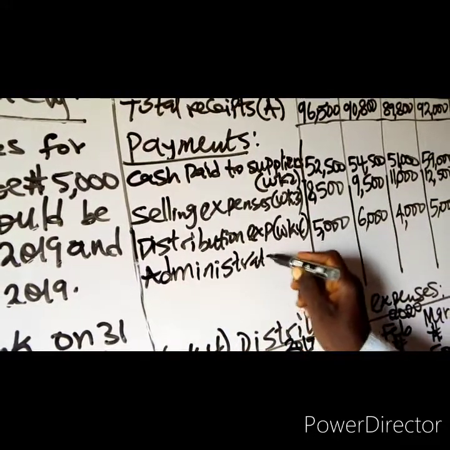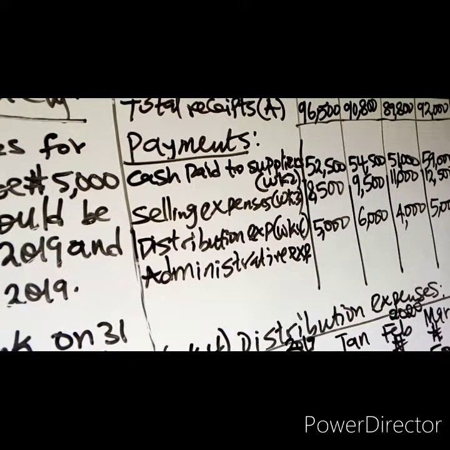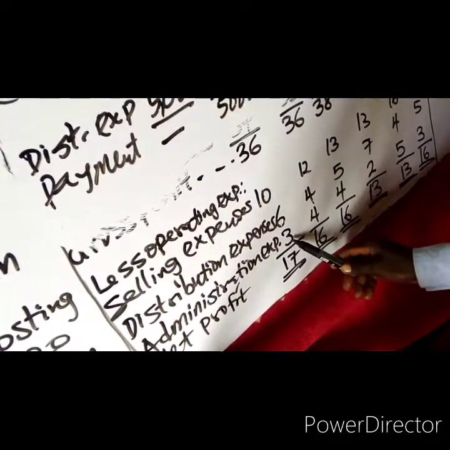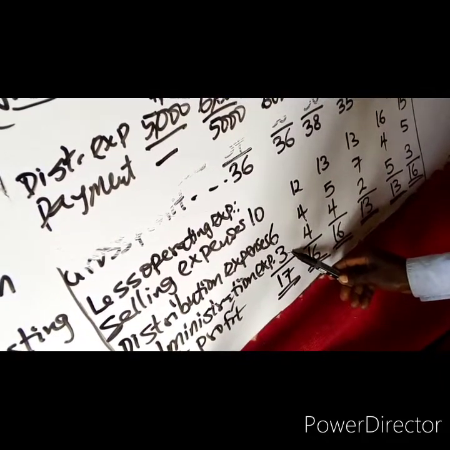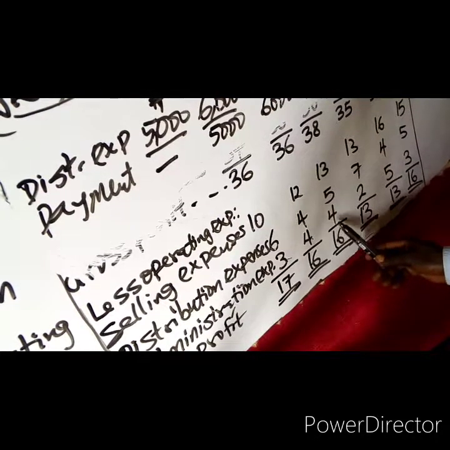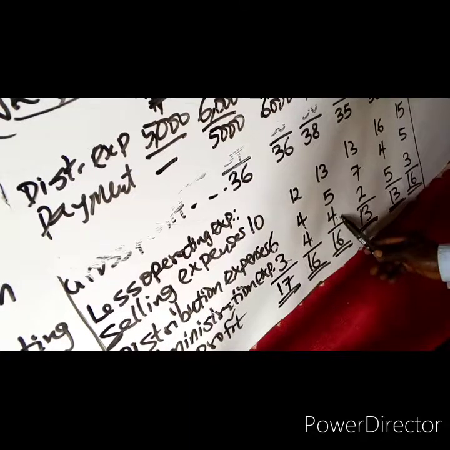Since it is payable immediately, the administrative expenses for January is 3,000, and that will be paid in January. That of February is 4,000. It will be paid in February. That of March is 4,000 as well. It will be paid in March.